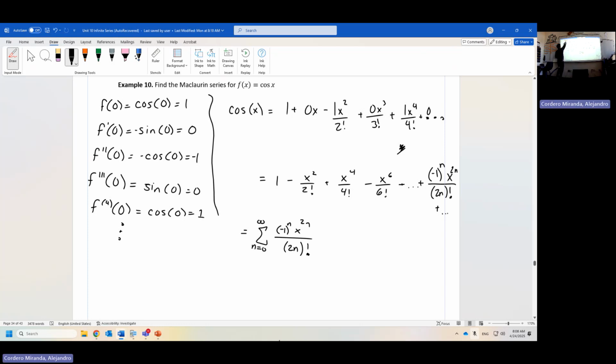The 0th one here is in green. The 0th one will be negative 1 to the 0 times x to the 2 times 0 over 0 factorial. And negative 1 to the 0 is 1. x to the 0 is 1. And 0 factorial is 1. It's just defined to be 1 just for convenience, basically.